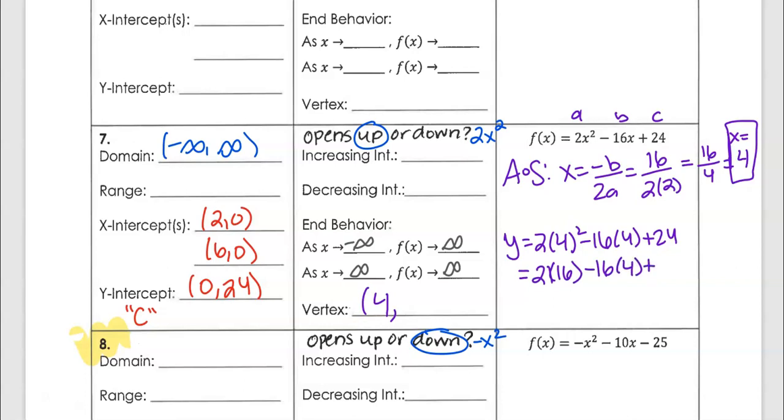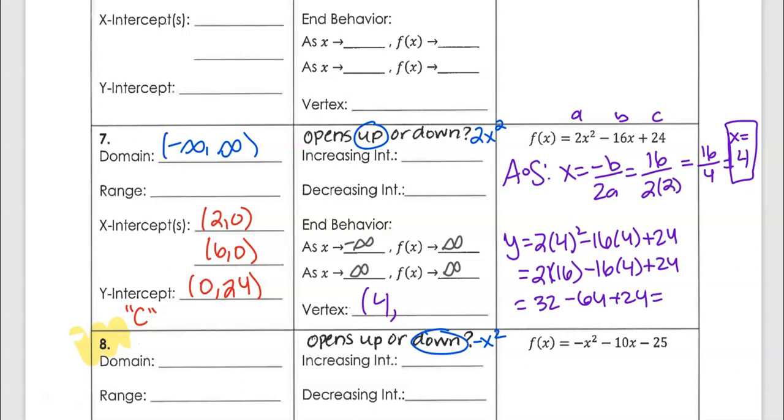My dear is multiply and divide. So that gives me, what, 32 right here. This gives me negative 64. And Aunt Sally tells me to add and subtract. So 32 minus 64 plus 24. I think it's negative 8.